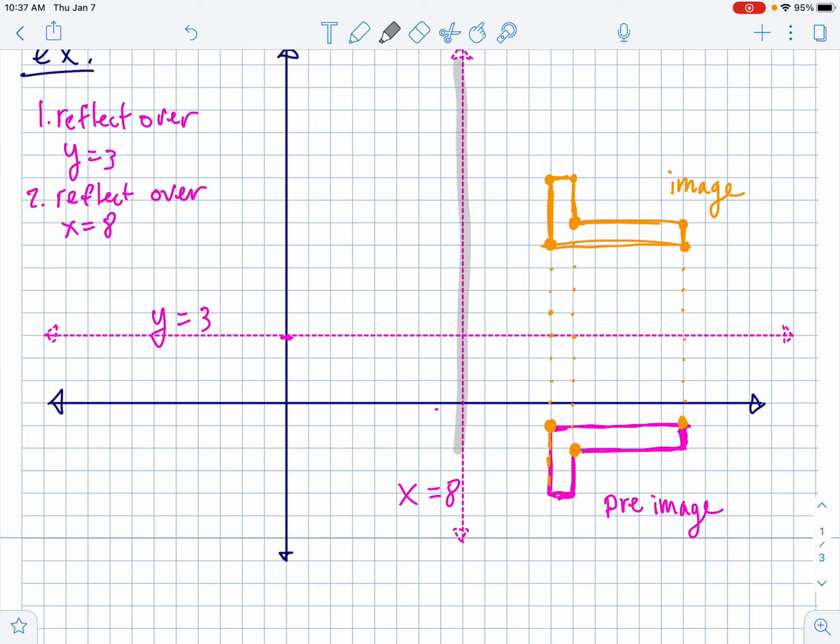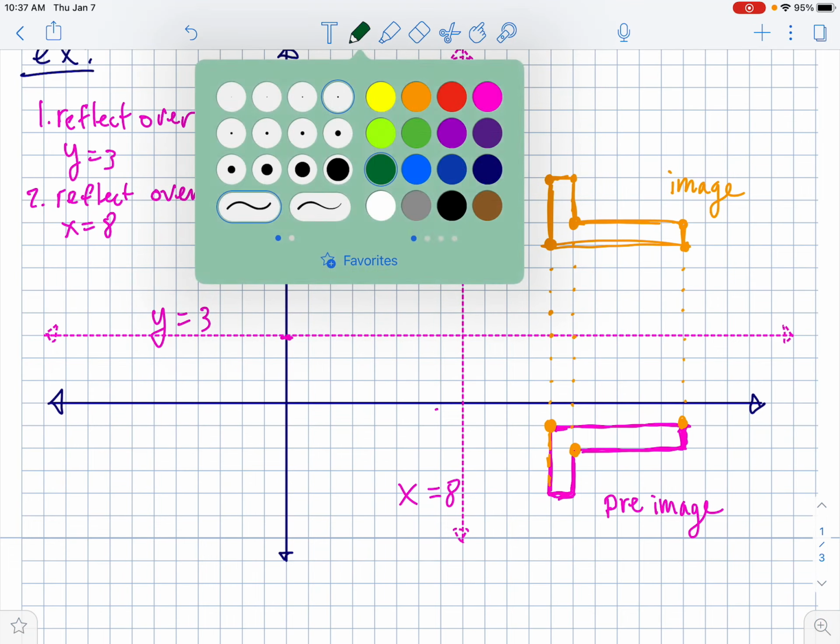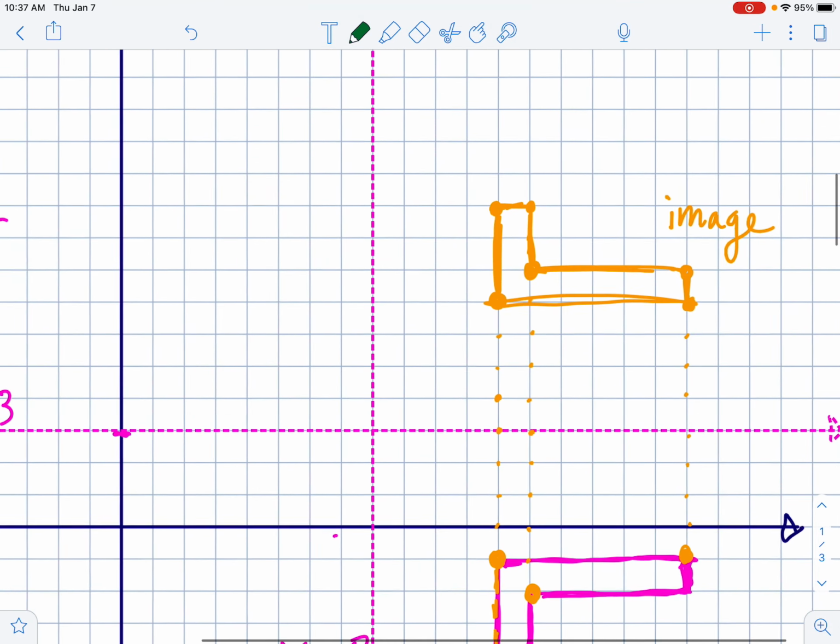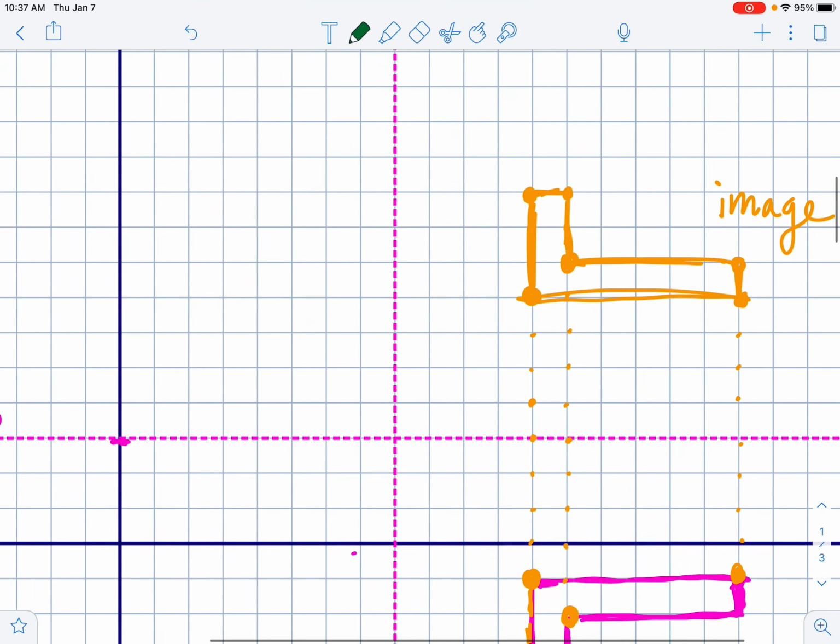I'm going to do the same process again, but now my mirror is going to be right here. So we'll use a different color for this one. Go green. All of these points are going to get reflected over the mirror line. I'm going to do it the same way where I just count how many they are away.